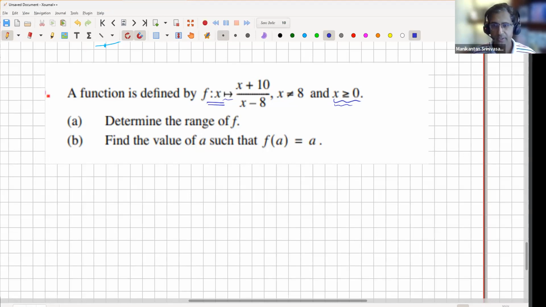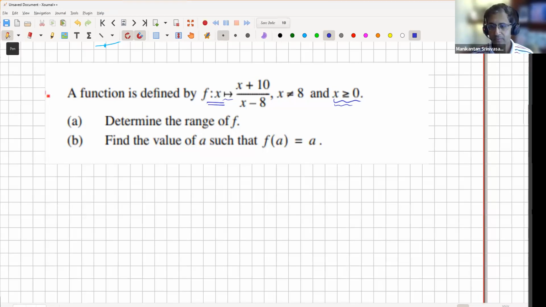Okay, Sarah, you want to take this? What is the range? Any value? Is it like negative infinity to positive infinity? Okay, can you justify that? Why is it any value? So I know x cannot be 8.